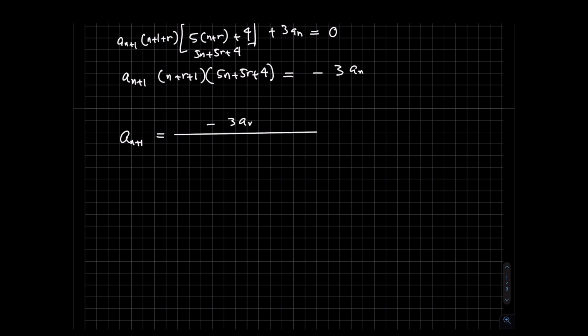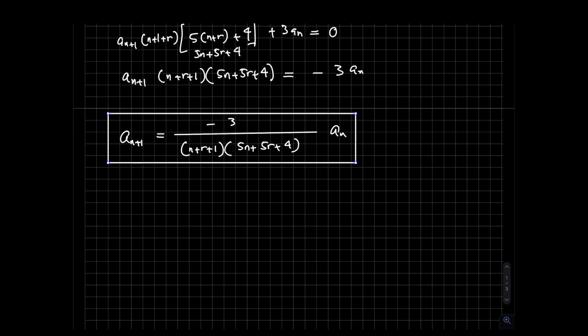Now here I have a_(n+1) equals minus 3 a_n, and in the denominator I'll have n plus r plus 1, 5n plus 5r plus 4. So this is my recursive relation. So now I need to use this to find all my constants.